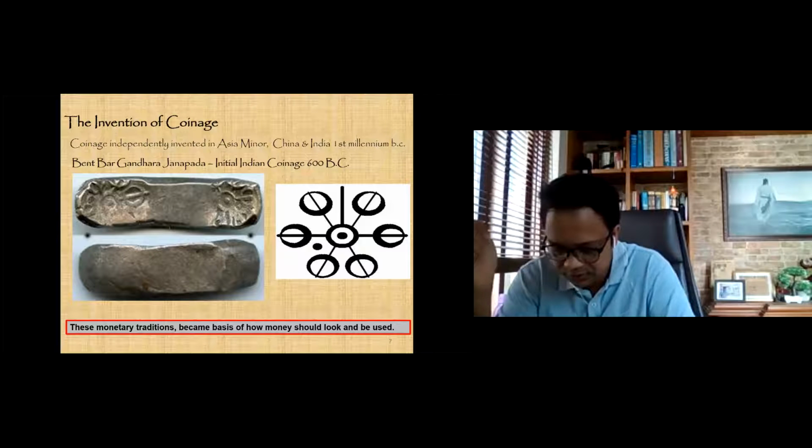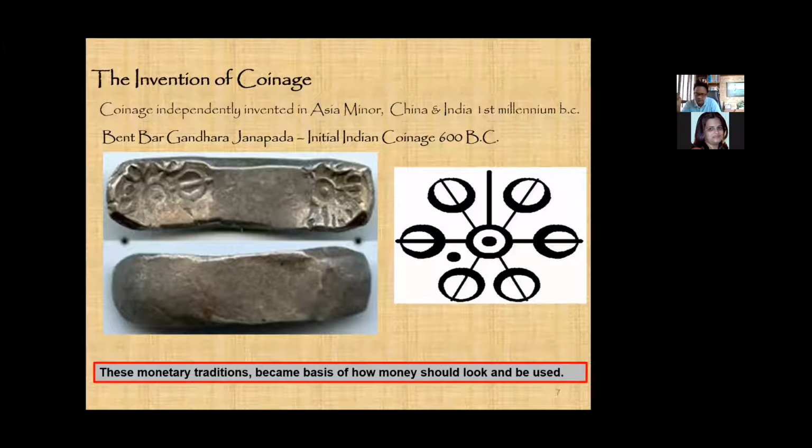And who is referred with that name? The king of Gandhar and Gandhari. Perfect, that's really nice. So Gandhari was from Gandhar, which is on the northwest side, in the Mahabharata. And this coin is from the same place, from 600 BC.